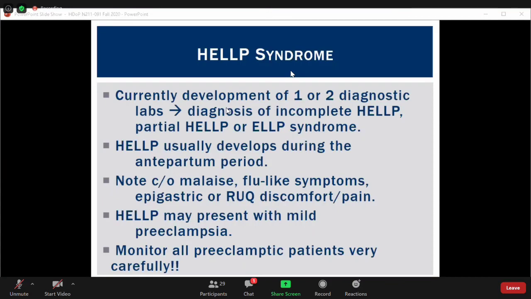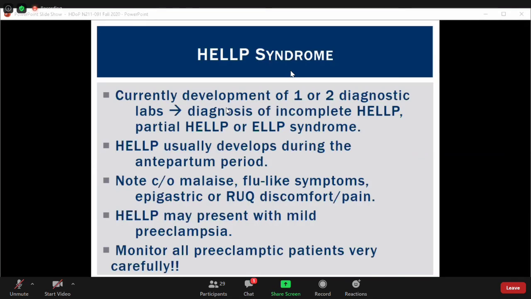The membrane. There's a thin membrane, but it becomes so swollen and fragile that it can rupture.